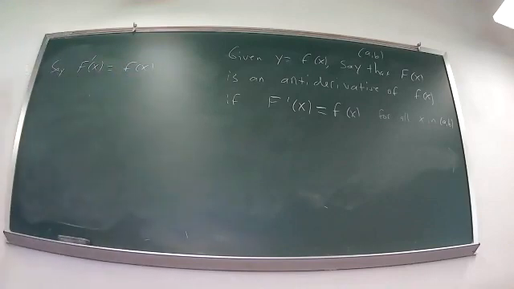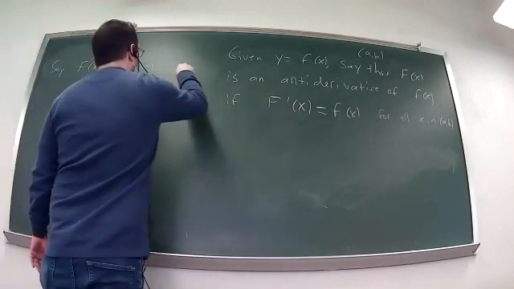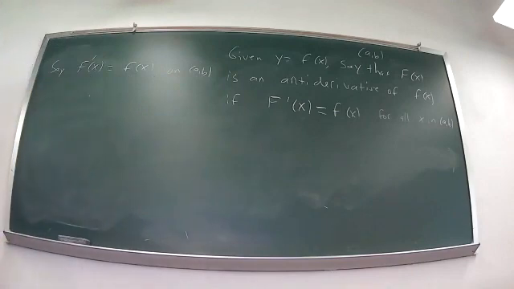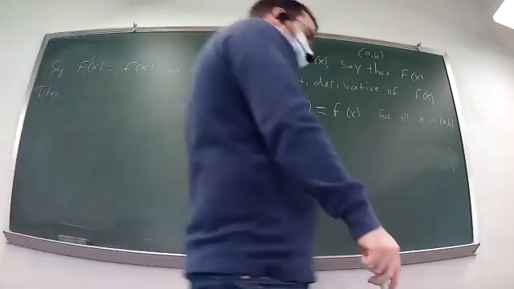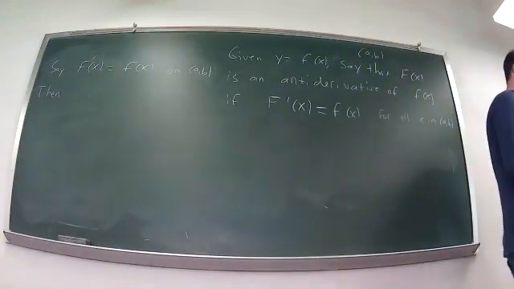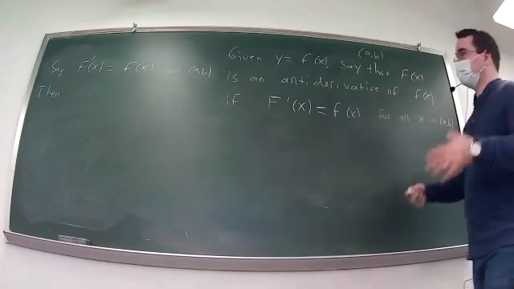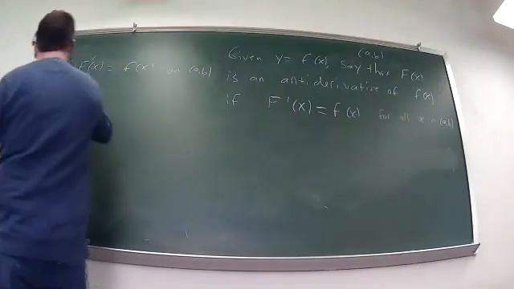Say that capital F is an antiderivative for lowercase f on some interval from a to b. Then any other antiderivative has to be of the form capital F plus c.